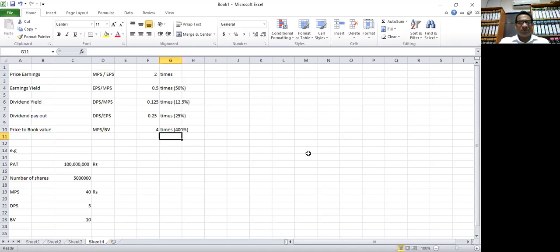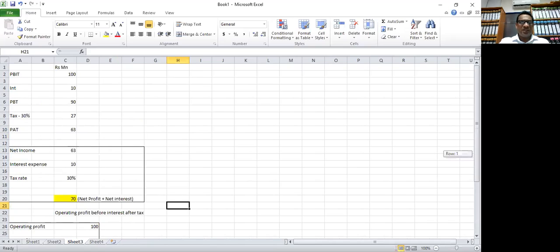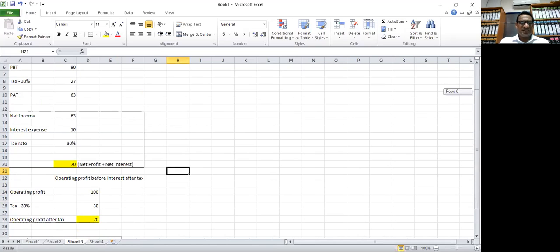In my example, the operating profit is 100, and I'm taking 30% off, so this is operating profit after tax. I divide it by total assets. Basically, we don't take interest.